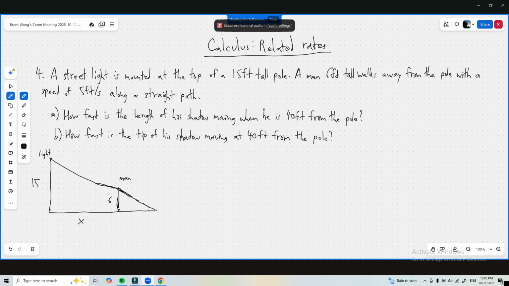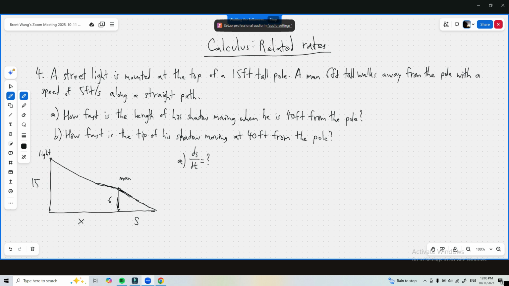It's blocked. Let's call it s, which stands for shadow. What we're being asked to find is the length of his shadow. How fast is it moving? So we need to find what ds/dt is equal to.